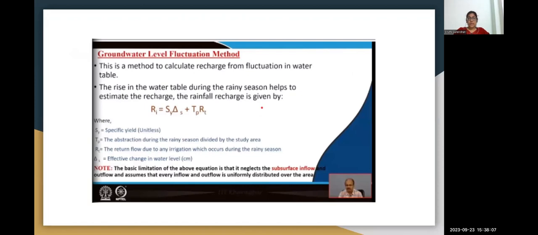We are talking about the methods to estimate groundwater recharge. We had looked at one method earlier, which is the rainfall infiltration method. Another method is the groundwater level fluctuation method.